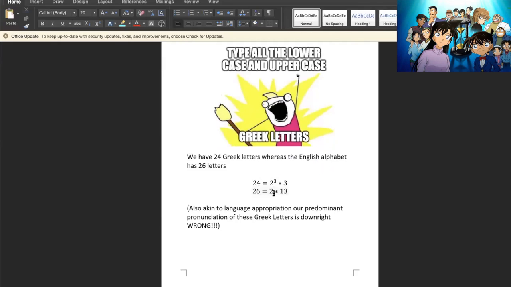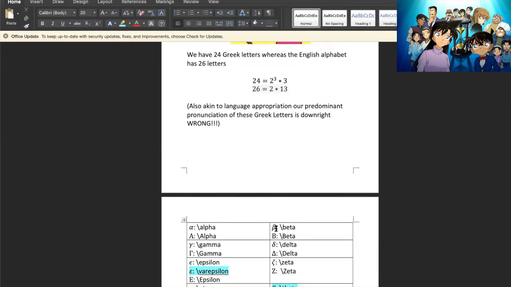Also, akin to language appropriation, our predominant pronunciation of Greek letters is downright wrong most of the time. Like beta, in our words, is not the correct way to pronounce the letter B in the Greek alphabet. It's actually pronounced vita, and pi should actually be pee, in other words, but I'm just nitpicking over here.